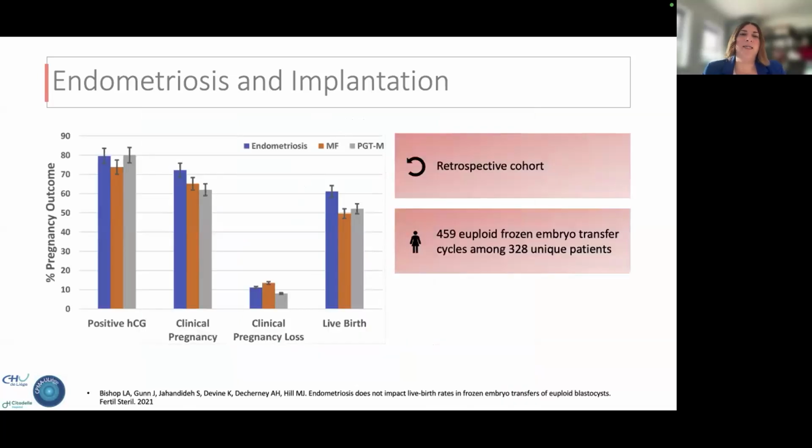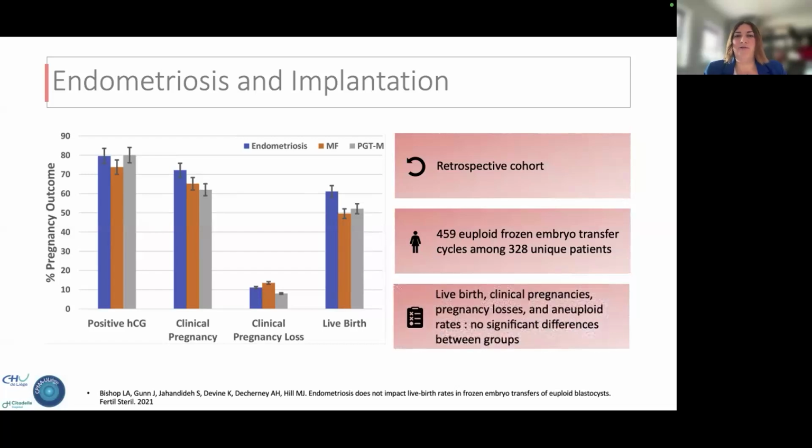But in the study by Bishop in 2021, we can see that he explored whether endometriosis-related subfertility is linked to impaired endometrial receptivity by comparing 459 euploid frozen embryo transfer cycles with two control groups: the non-infertile patients with PGT-M for single gene disorders and couples with male factor infertility.